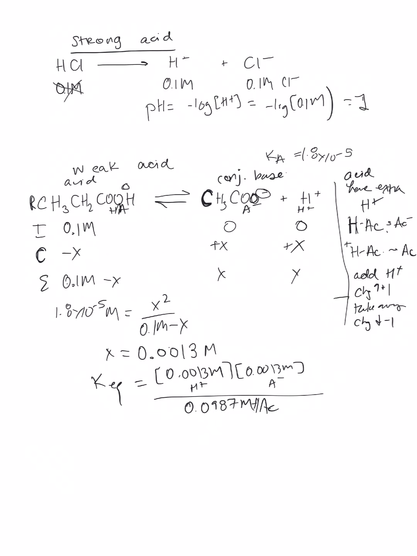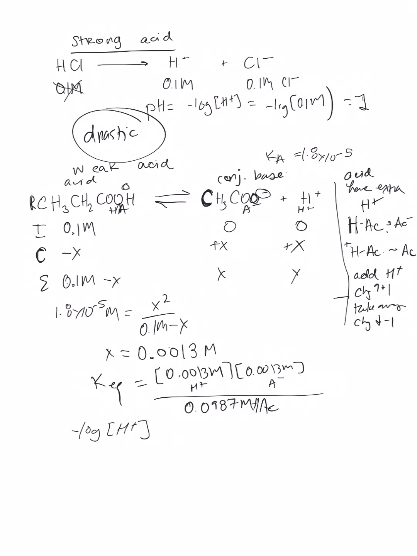So what happens with our weak acids? Our pH is still equal to the negative log of the H plus. If we take water and add in 0.1 molar HCl, it's all going to dissociate, and you get a pH of 1.